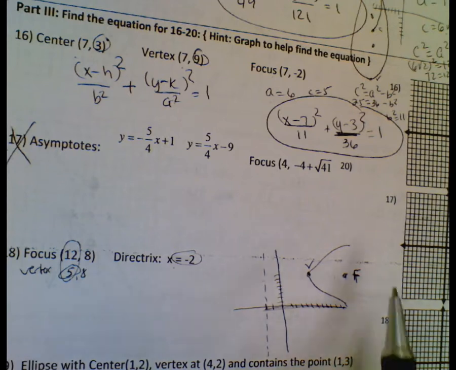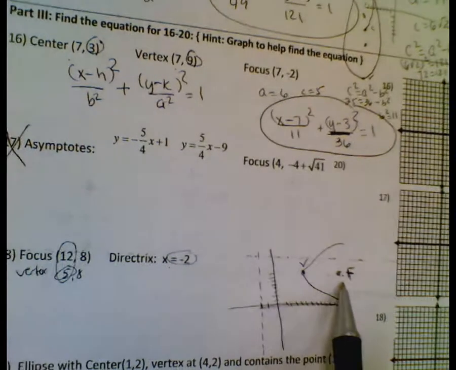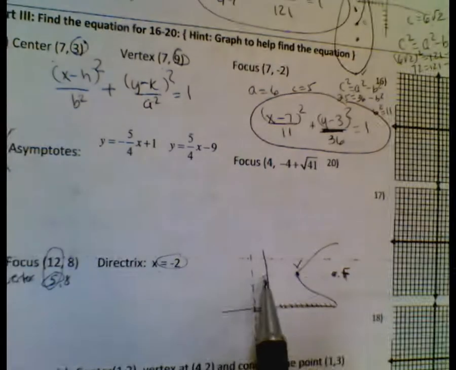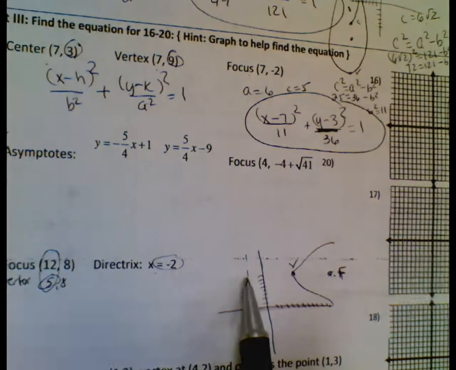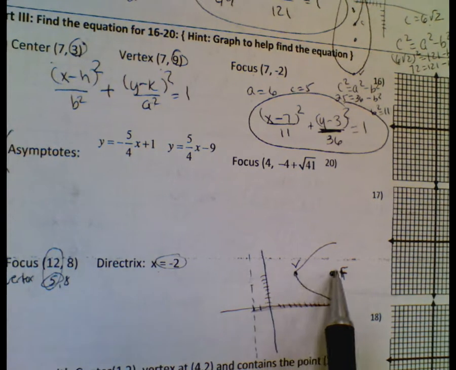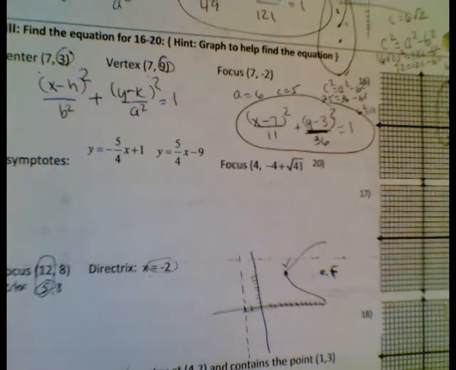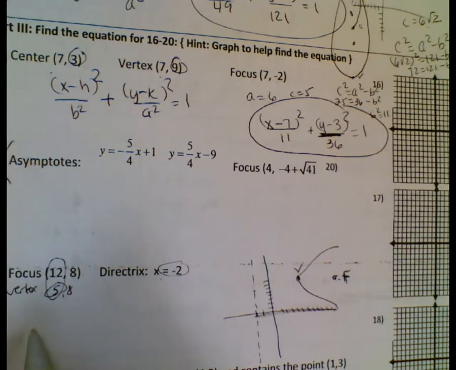So this vertex should be right in the middle of the focus and the directrix, which is total units. Again, this was 12, and this was 2, which is 14. Half of 14 is 7, so count 7 over or 7 backwards. That's the vertex 5, 8. This is a parabola that's going to the right, so start with your y.